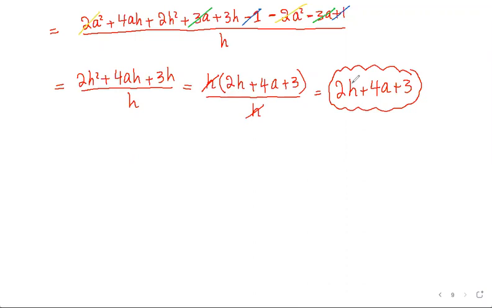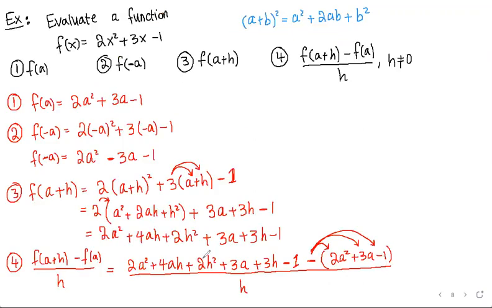Any question for that? I know the last one is a little bit harder, but it's not that hard, because f of a plus h we already did in the third one, and f of a we did in the first one. We just copy this one and put it here, and copy the second one and distribute the minus inside the parentheses.